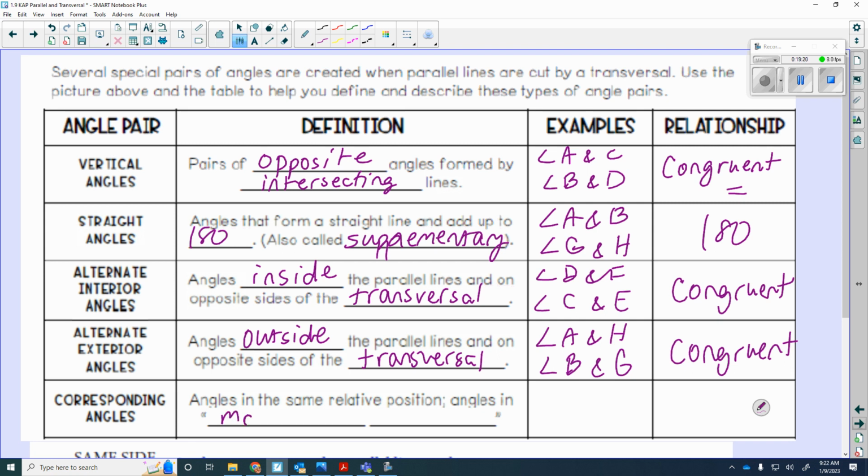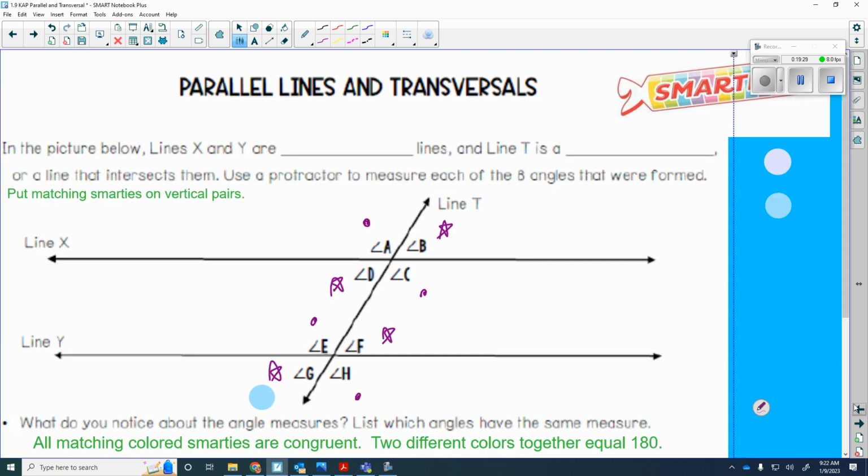Angles in matching corners. Okay, so what they mean is like angle A. Which one corresponds to angle A? Meaning it's in the same corner. Which one? Angle E. That's right. Those are corresponding. And now what do you notice? And what did you already know about corresponding angles? Congruent. They're congruent.